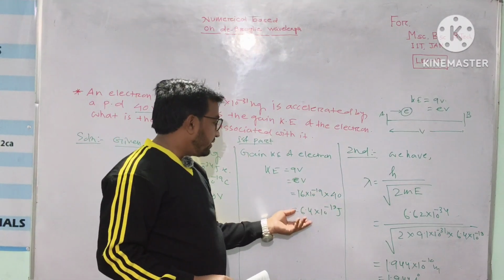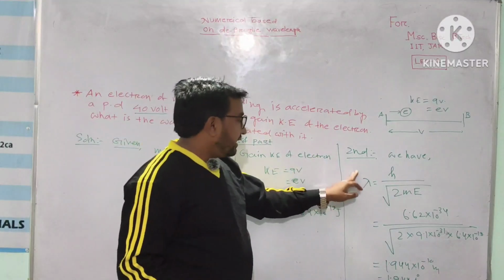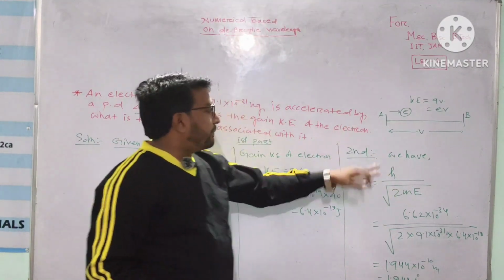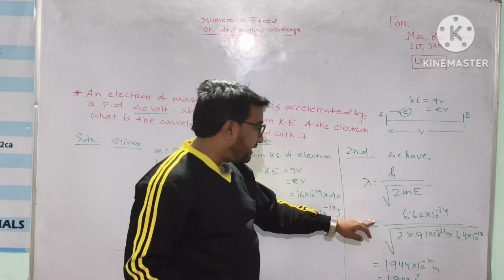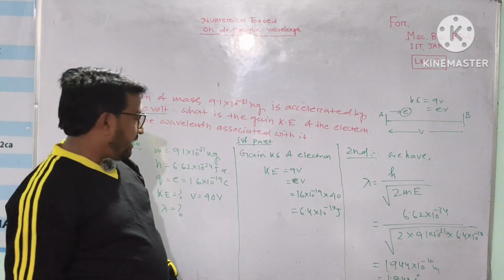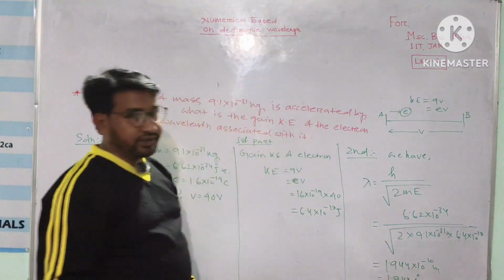After calculation, 6.4 into 10 to the minus 18 joule. And the second part is actually the de Broglie wavelength. This is the expression of de Broglie wavelength in terms of the kinetic energy of the particle. So we can write lambda equals h by under root of 2mE, and when the whole value is substituted in this equation, we will get 1.944 angstrom. Thank you.